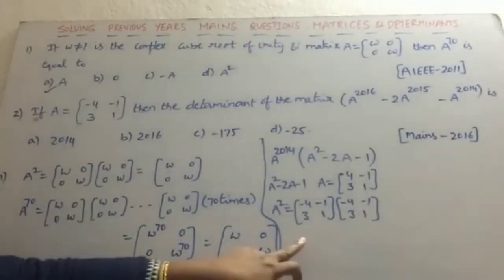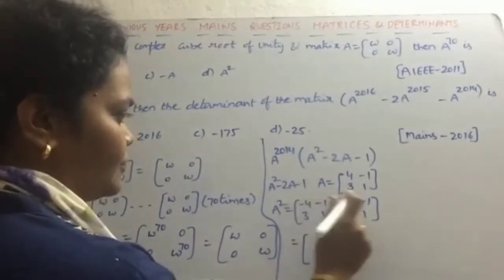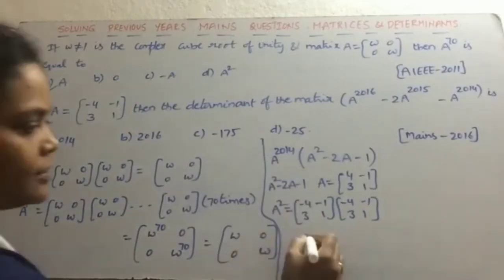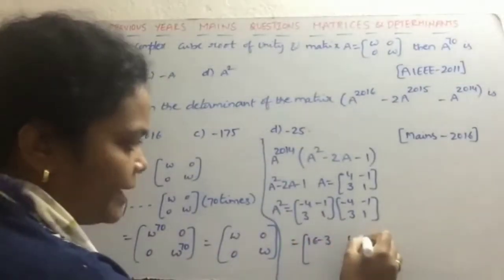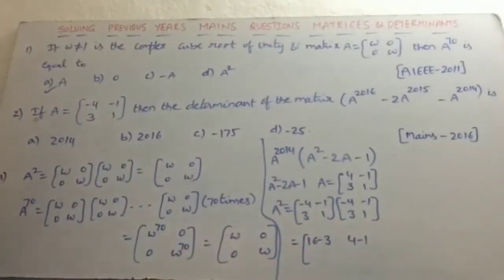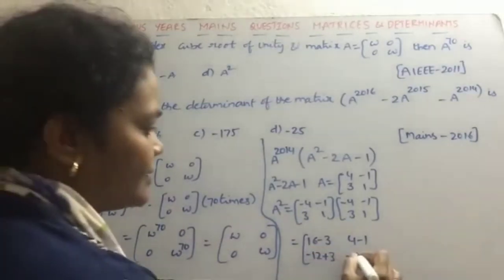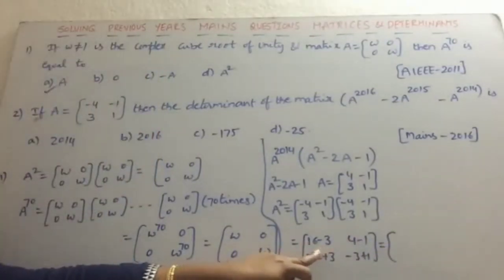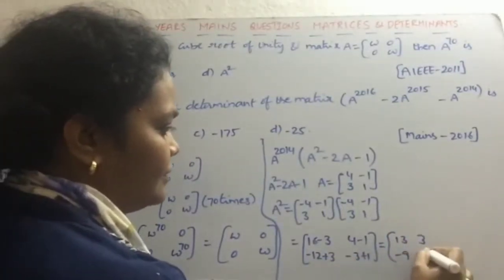Now we get minus 4 into minus 4, 16 minus 3, 4 minus 1, minus 3, minus 12 plus 3, and minus 3 plus 1. Then we get 13, 3, minus 9 and minus 2.